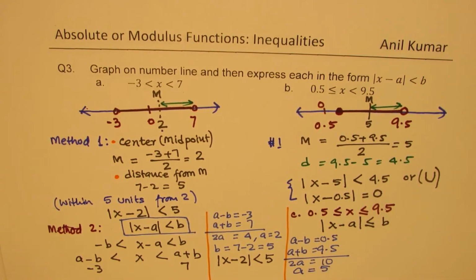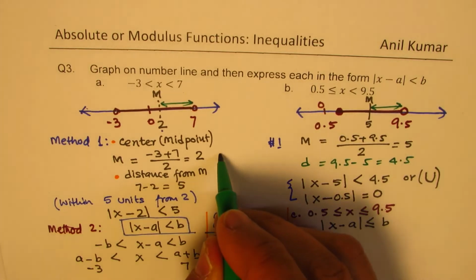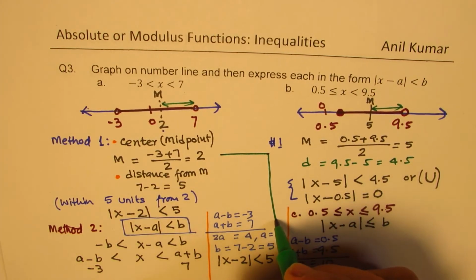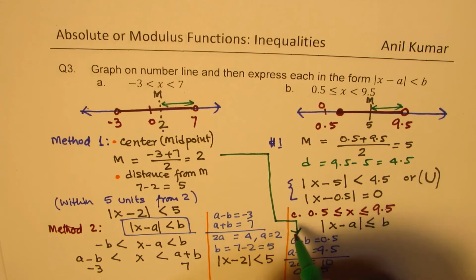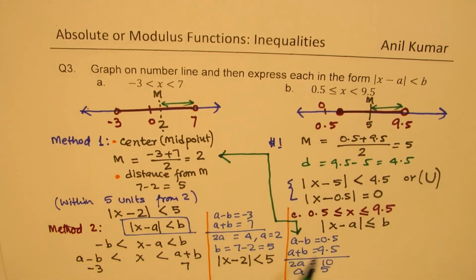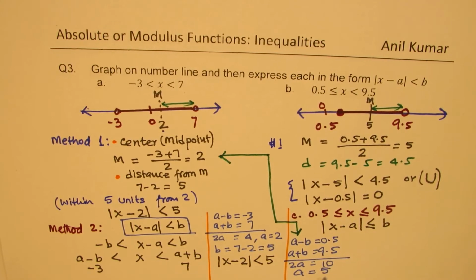Now this is exactly the same as our midpoint concept. Do you see that? So that is what we do to find the midpoint. So finding a is kind of finding the midpoint, and the value of b is how far you are from a. So we know a plus b is 9.5, correct?